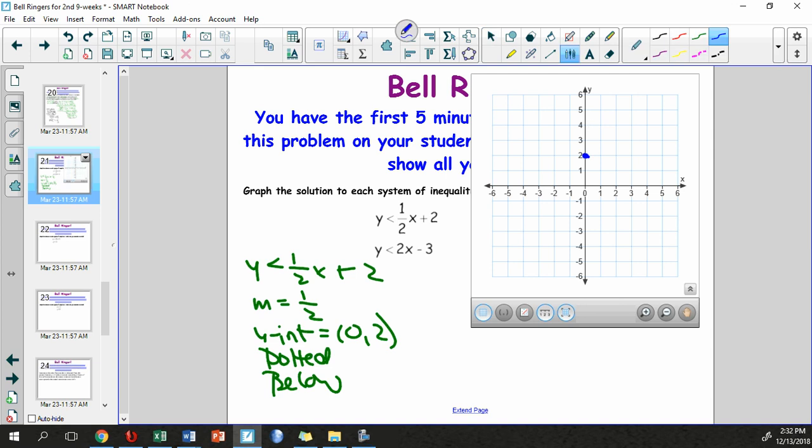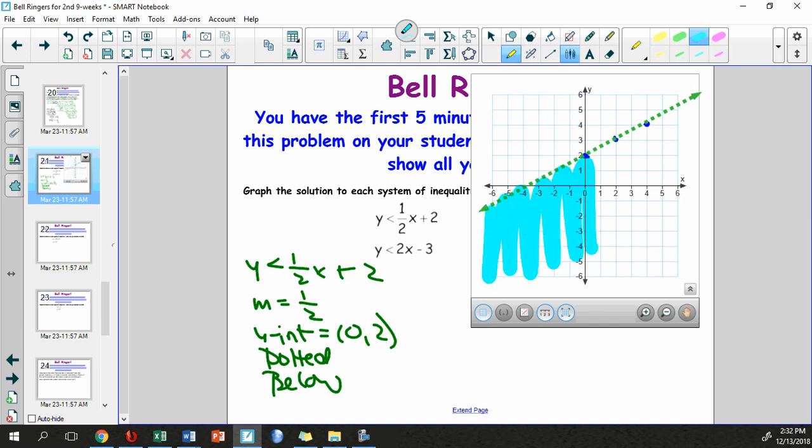And I'm going to go up 1 and to the right 2, up 1 and to the right 2. So that I'm going to connect that with a dotted line. And I'm going to shade below that. So now I'm going to come back over here. I'm going to do the other one.